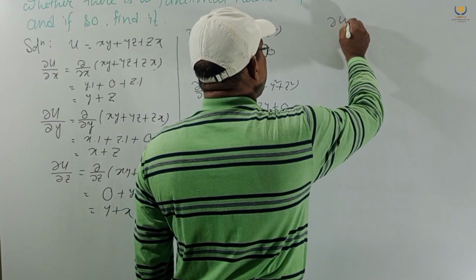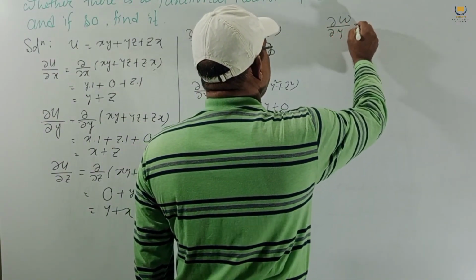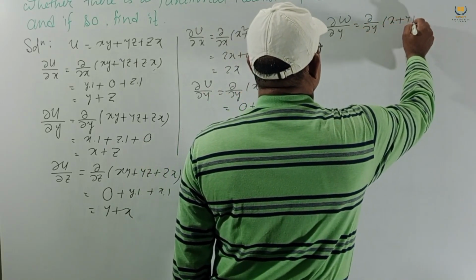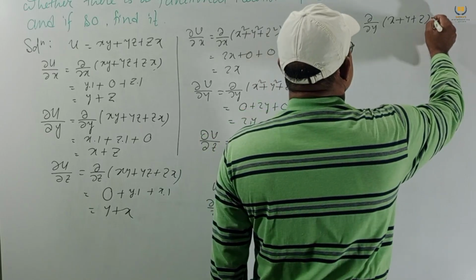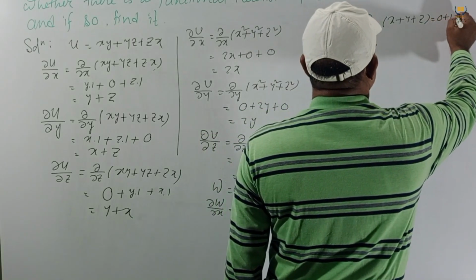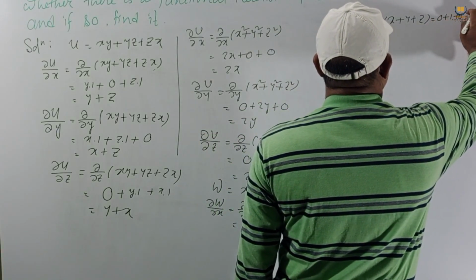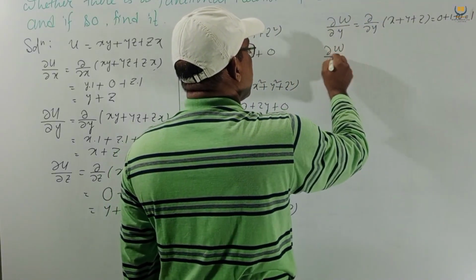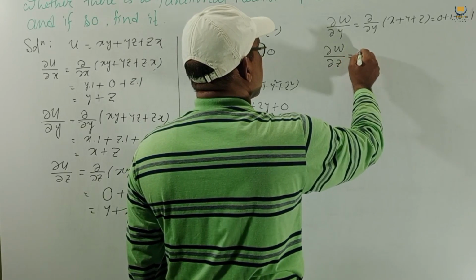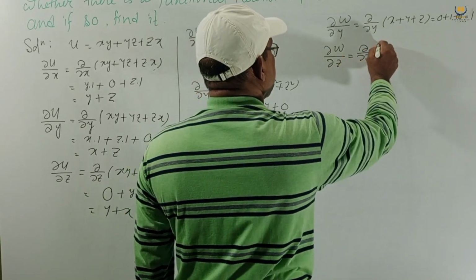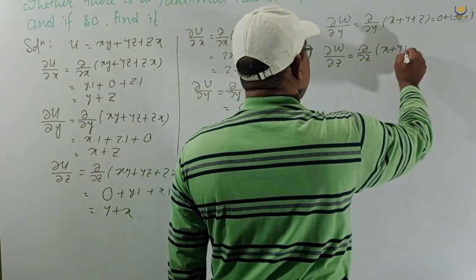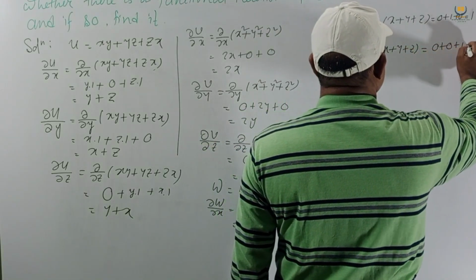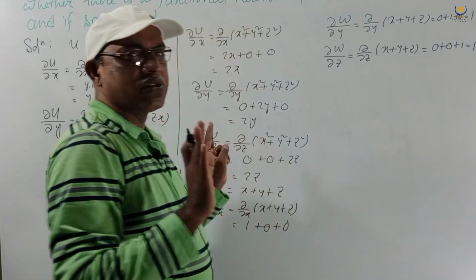Del w del y: del/del y of x plus y plus z is 0 plus 1 plus 0, which equals 1. Del w del z: del/del z of x plus y plus z is 0 plus 0 plus 1, which is 1. So all of this we get.